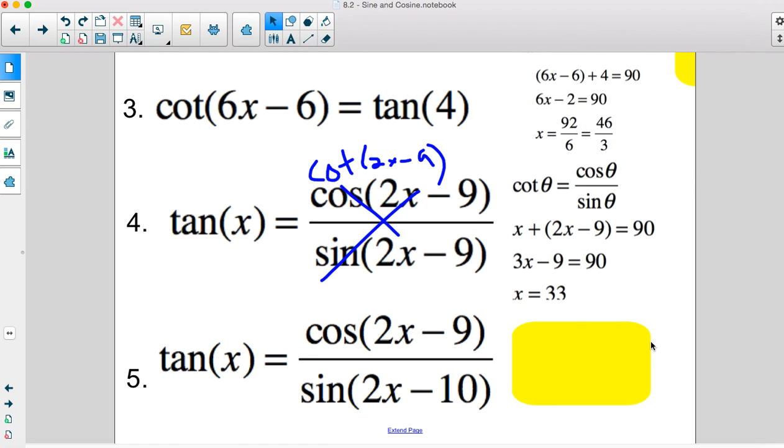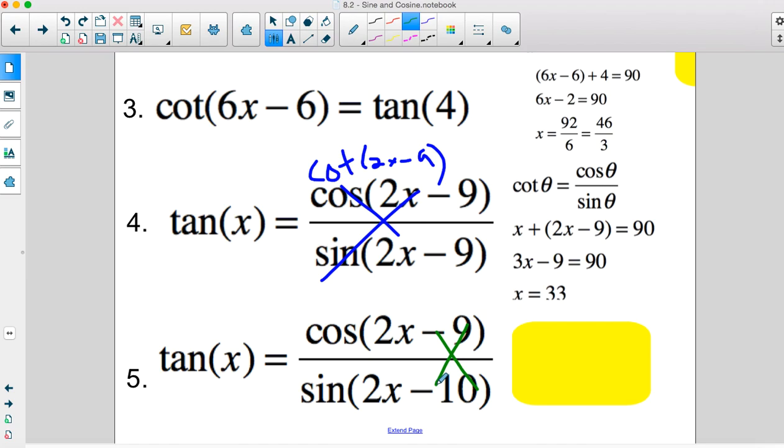And here we get tangent of x equals cosine of 2x minus 9 over sine of 2x minus 10. Interesting here. So this one is a trick question, right? You can't simplify this. Cosine divided by sine is not going to reduce to cotangent unless the angles are the same, right? 2x minus 9 and 2x minus 10 are different angles, so you cannot do anything with them.